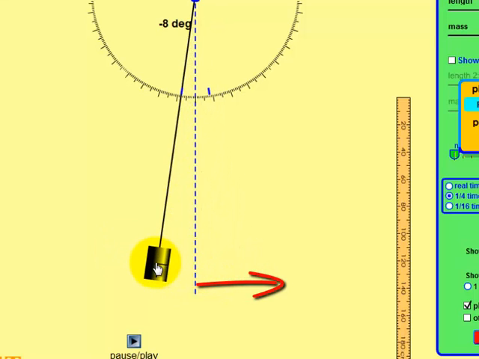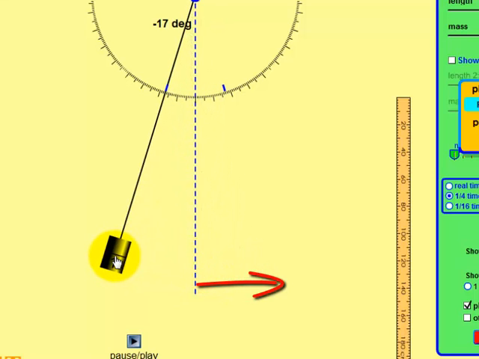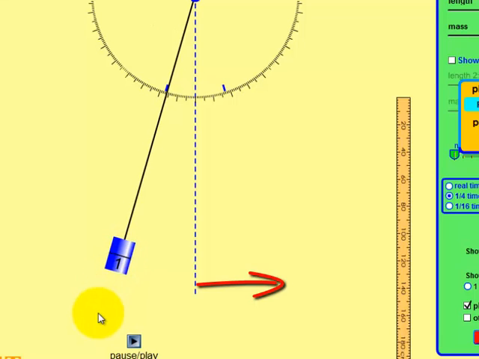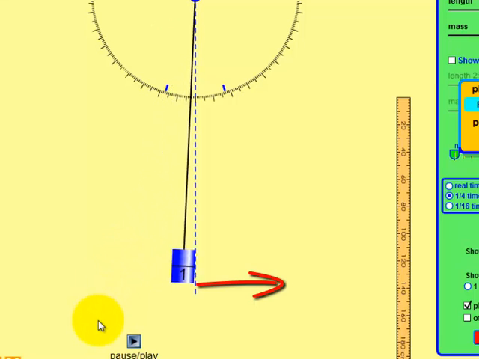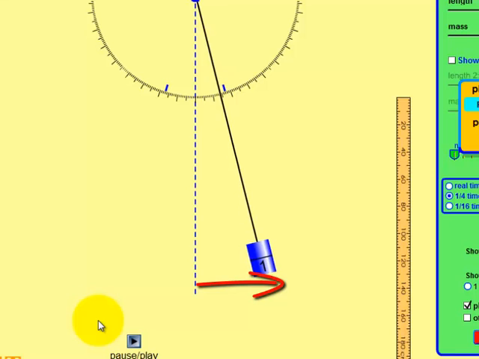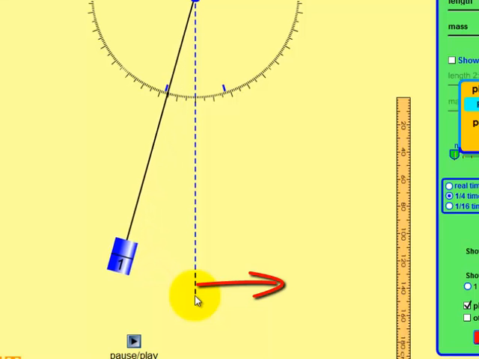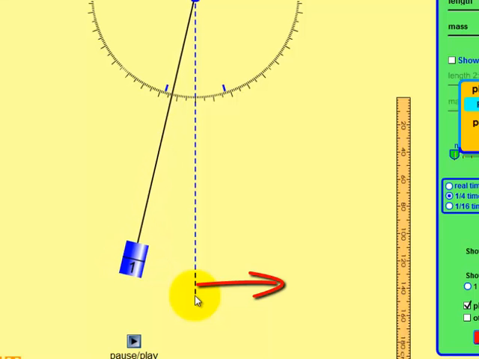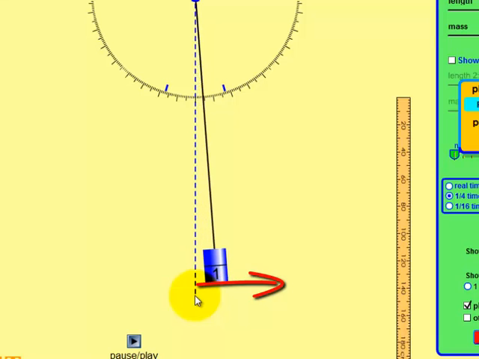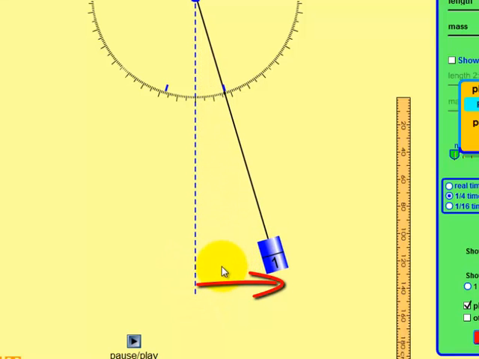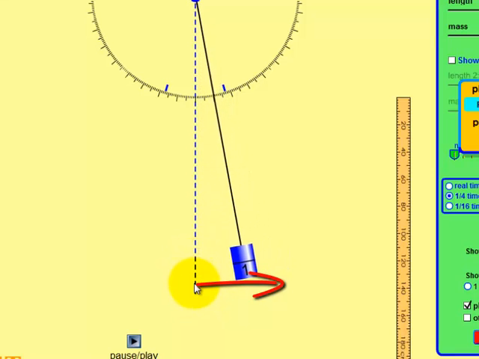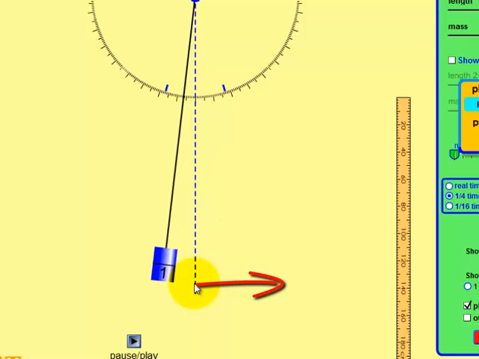From this point all the way up to a point like that. That is the maximum displacement of the particle from equilibrium position. And we refer to that physical quantity as the amplitude of the wave. Remember, the maximum displacement of this particle from equilibrium position is what we refer to as the amplitude of that particular wave.